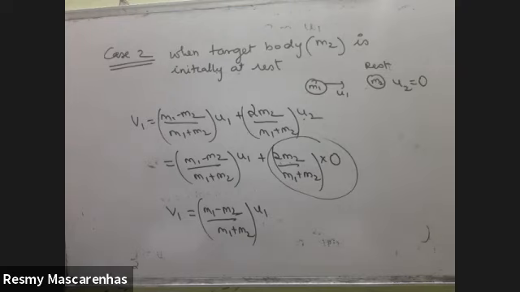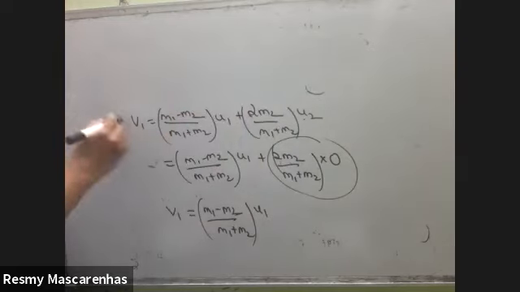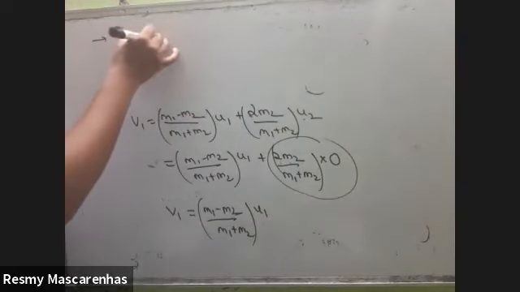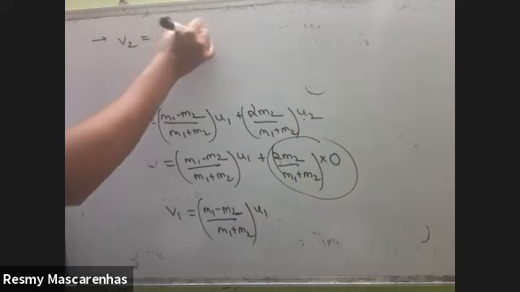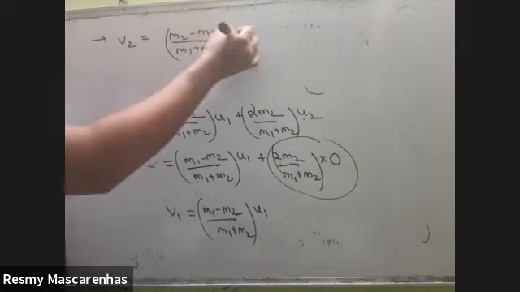Same way calculate V2. This was for V1. We'll calculate for V2. The formula is M2 minus M1 upon M1 plus M2 times U2, plus 2 M1 upon M1 plus M2 times U1.